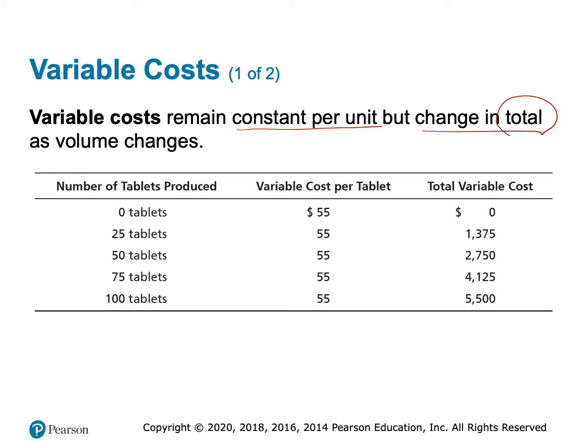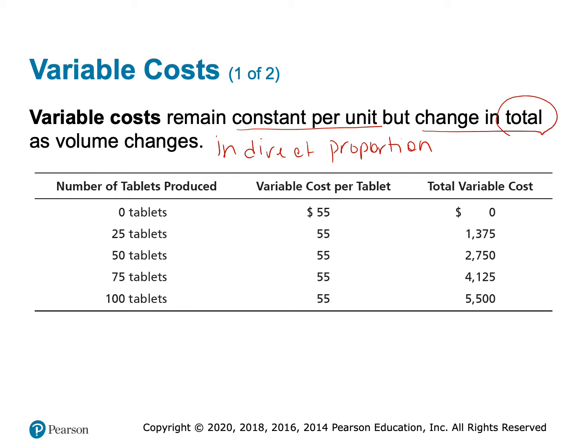Really, you could say this in direct proportion. So what that means is if volume doubles, the total cost will also double. Not almost double, but exactly double. If the volume triples, the total cost will exactly triple. If the volume quadruples, the total cost will also quadruple.